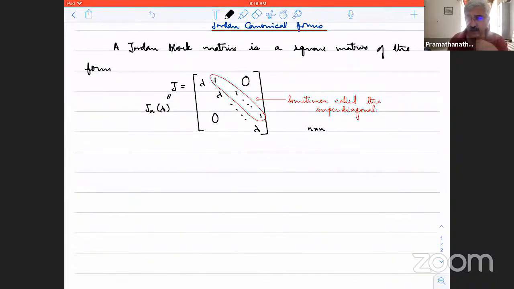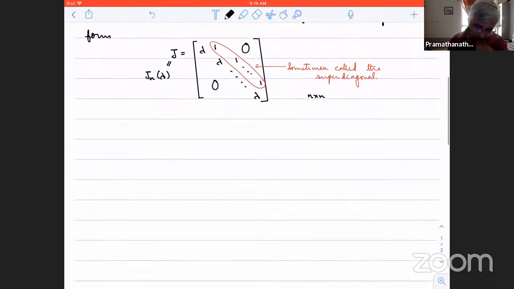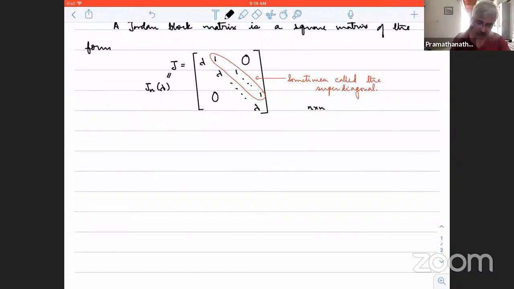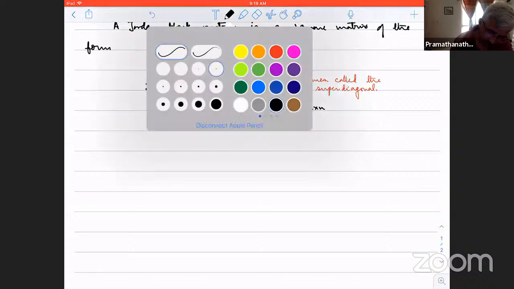So the main theorem involves Jordan canonical forms on algebraically closed fields. Two remarks.